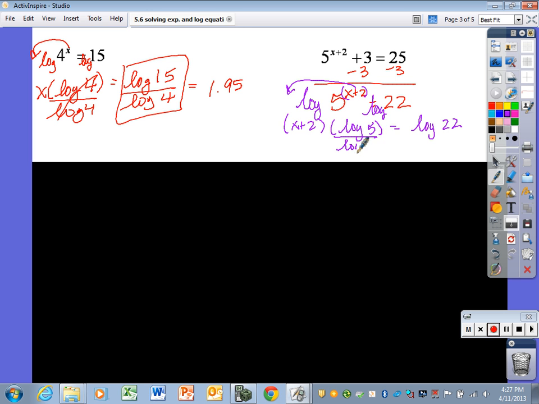Divide by log 5. And I still have to subtract 2. So x equals log 22 over log 5, then I'll subtract 2. So make sure you punch that in your calculator carefully. I get approximately negative 0.079.